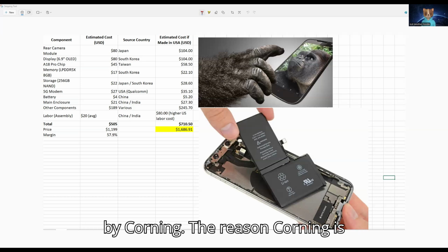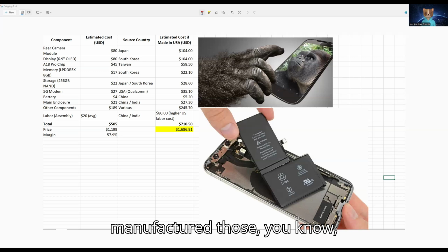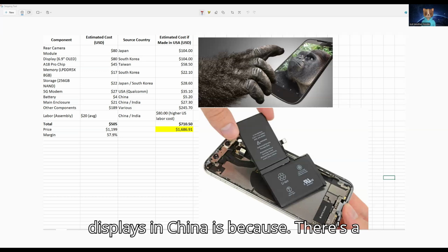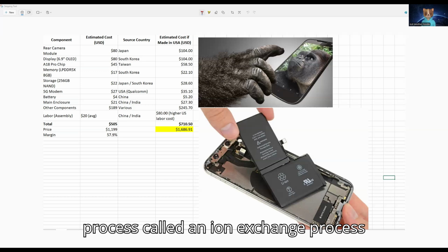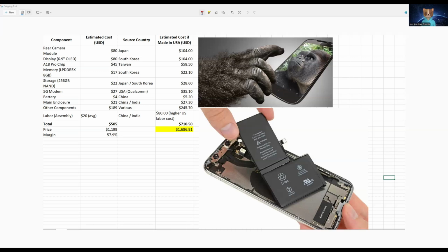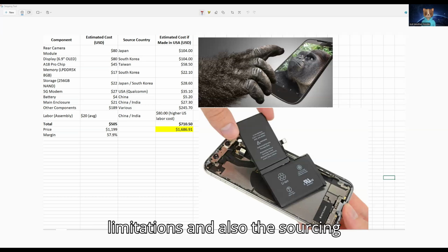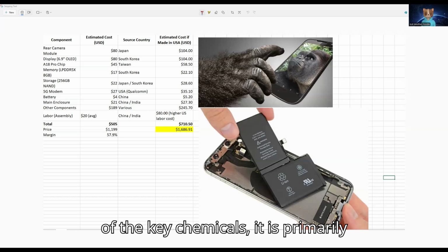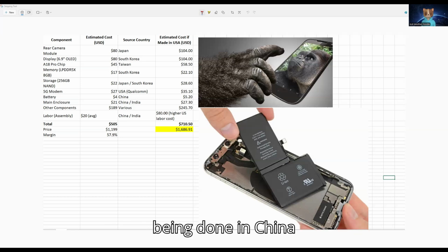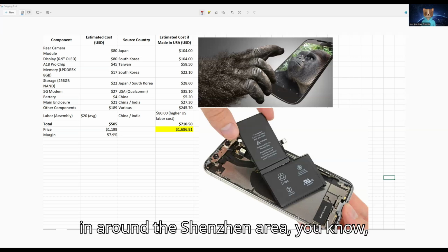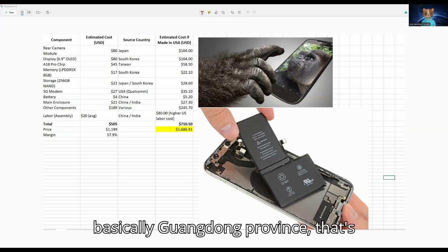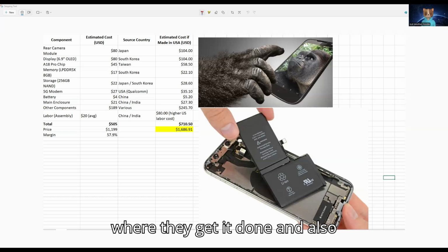The reason Corning manufactures those displays in China is because there's a process called an ion exchange process. And due to the regulatory limitations and also the sourcing of the chemicals, it is primarily done in China, around the Shenzhen area, basically Guangdong province. That's where they get it done.